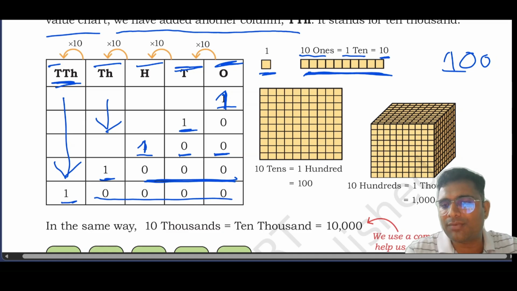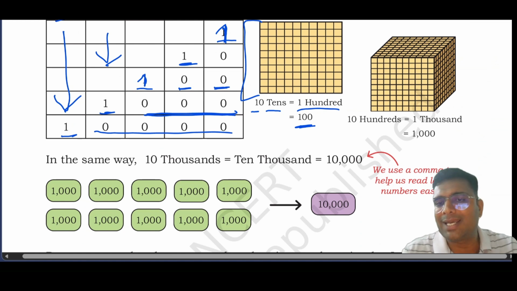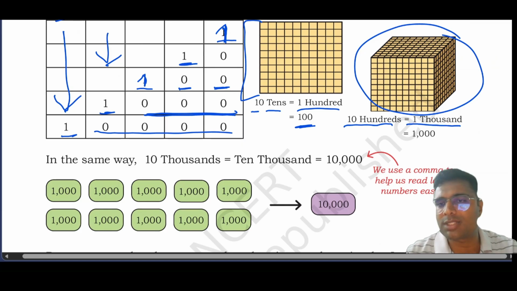Okay, in the same way, when you join 10 tens, we get 100, and we write 100 like this. And when we join 10 hundreds, this set of 10 hundreds makes 1000, and we write 1000 in this way.